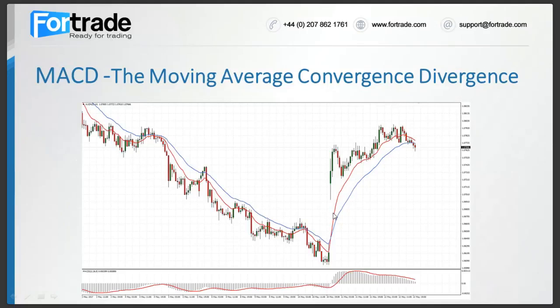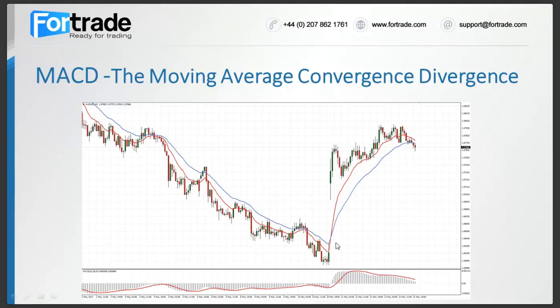So here we have these two moving averages on our price chart, just to show you. This is the 26 period and the 12 period. Their difference is our histogram.